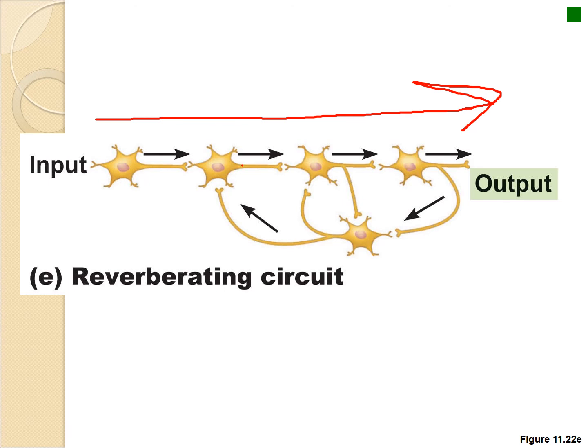This now sends a signal to that postsynaptic one, which is now presynaptic to this one, but also this one. But now look here, and this gets really kind of weird.